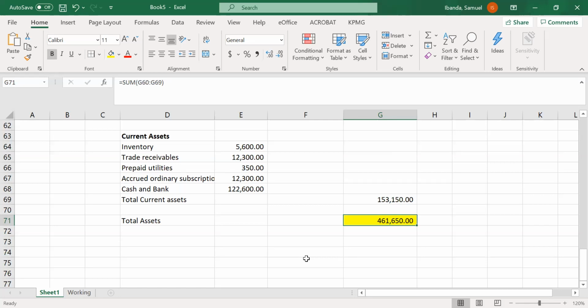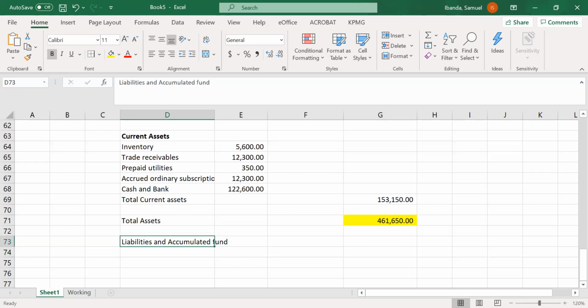41,650. After we have that, we now proceed to look at our so-called liabilities and accumulated fund.